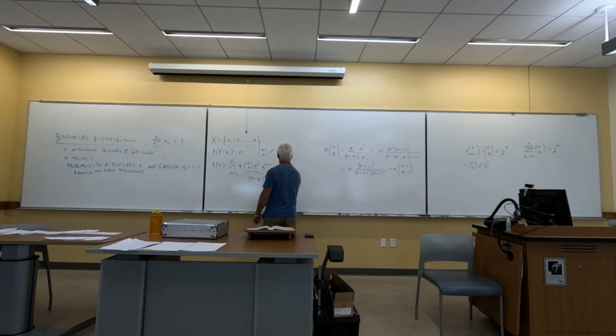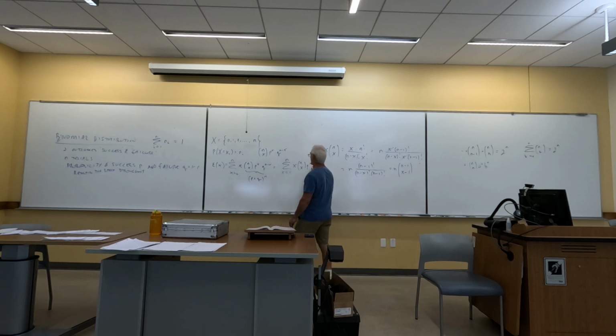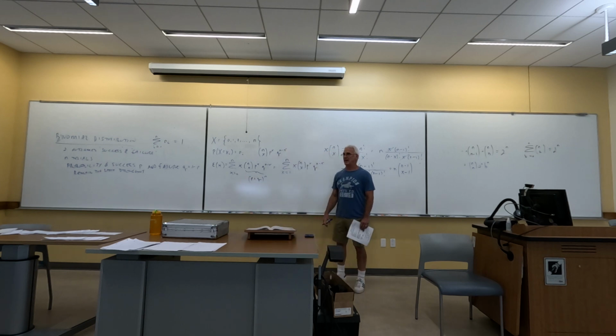So this now becomes, oh, by the way, I'm going to go one more step. If you actually see a proof of this, this step is usually left out, which is unfortunate because it's kind of important. I'm saying starting at 0 and starting at 1, I get the exact same result. How could that be?